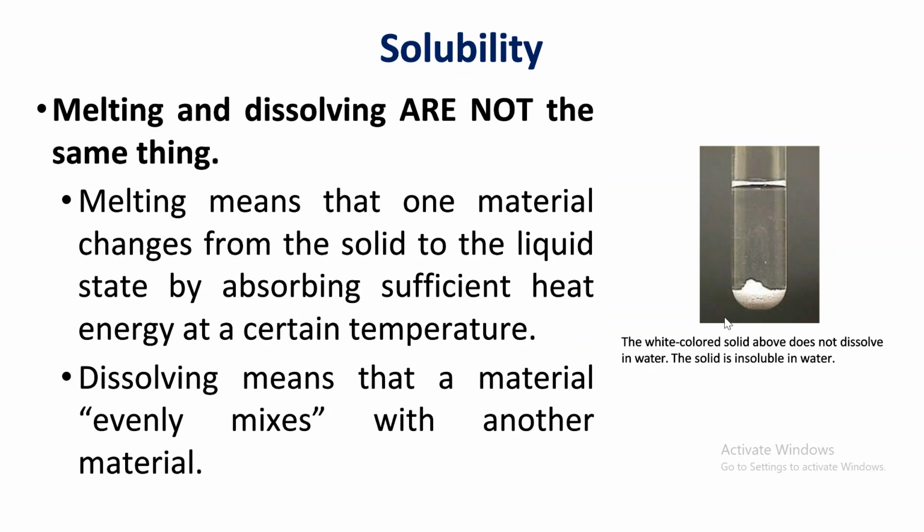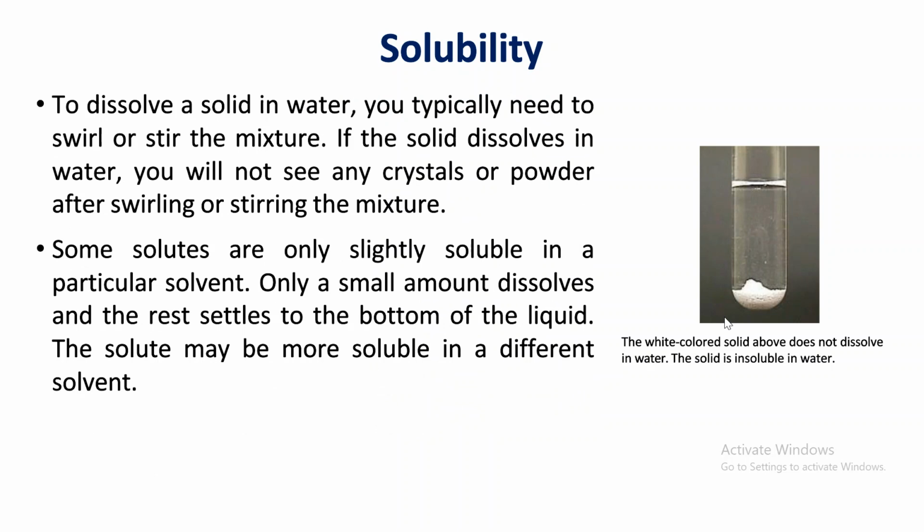Now, dissolving, on the other hand, is a little bit different. Dissolving means that you take two materials or two substances that you're trying to dissolve into each other. So dissolving means that a material evenly mixes with another material. So melting requires one substance, but dissolving requires two substances.